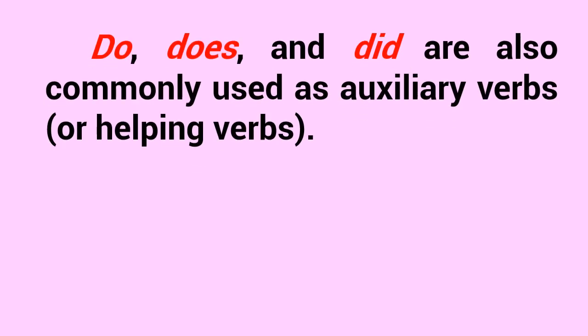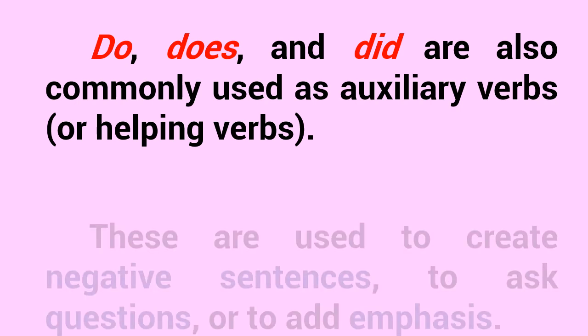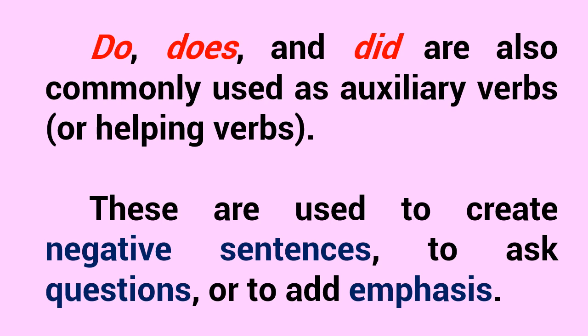Do, does, and did are also commonly used as auxiliary verbs. Auxiliary verbs also mean helping verbs. These verbs are used to create negative sentences, to ask questions, or to add emphasis.